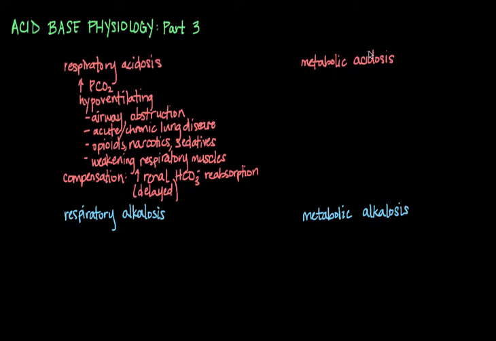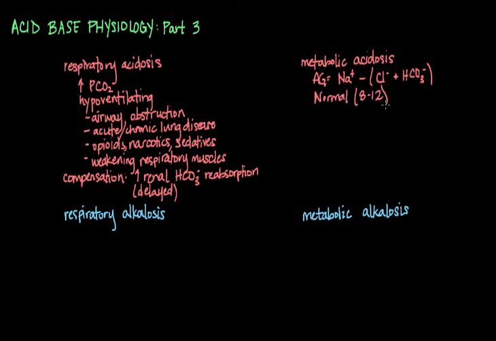Recall that the calculation of the anion gap needs to be carried out for all cases of metabolic acidosis because this will guide your differential diagnosis and change depending on whether or not it is increased or decreased. And remember, to calculate the anion gap, it is just equal to the concentration of sodium ions minus the sum of chloride ions plus bicarb.